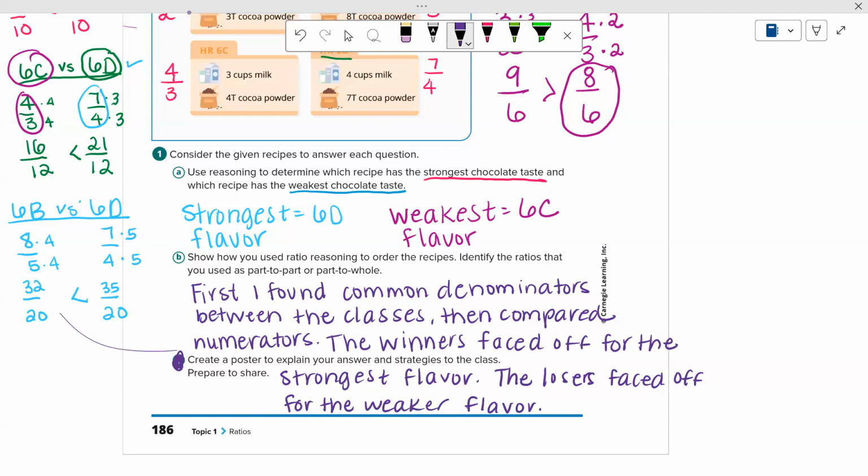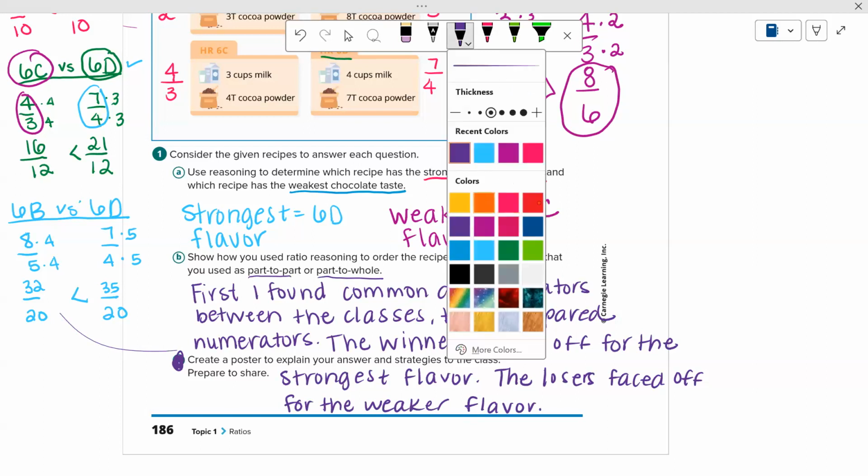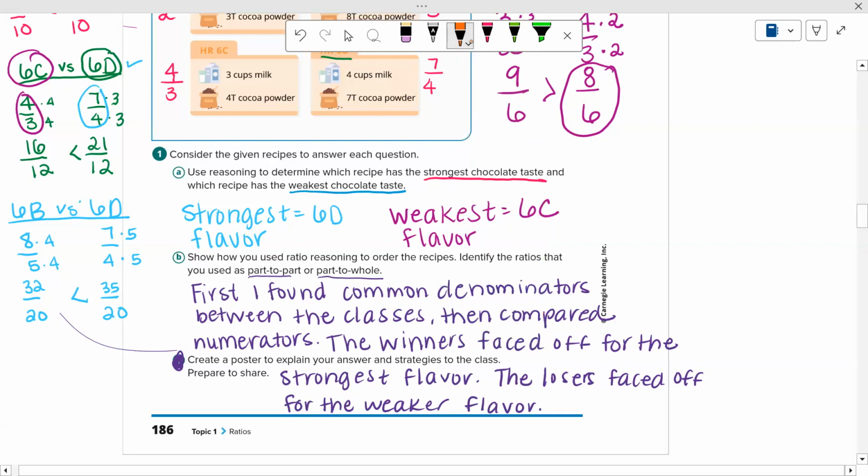And then it says, identify the ratios that you used as part to part or part to whole. So did we use part to part ratios or part to whole ratios? For every single one it was the same. All of our ratios were part to part. So I'm going to answer that right here.